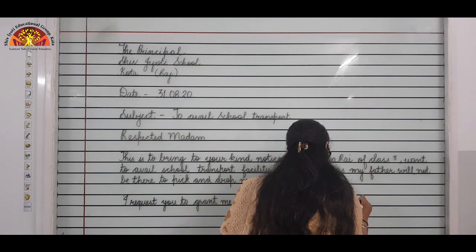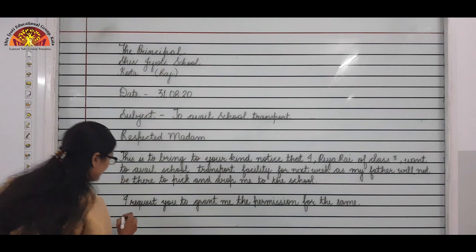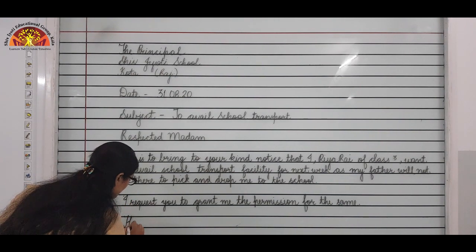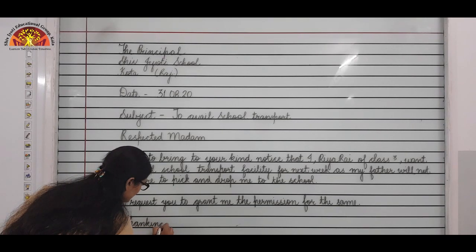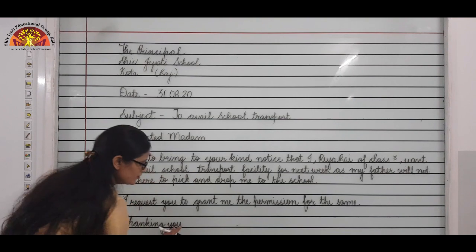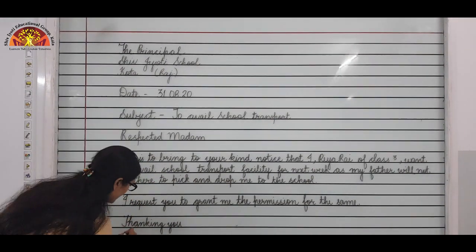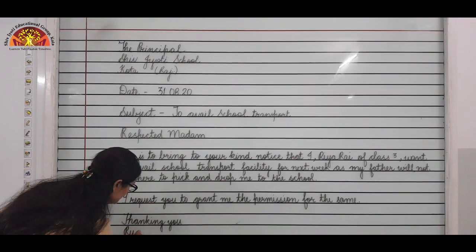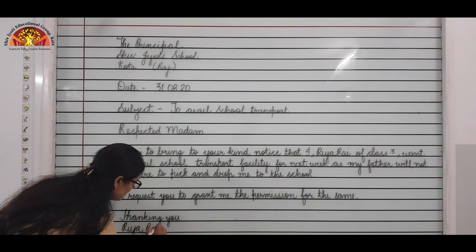Like this you will be ending your application. After it you will write thanking you and your name. Again, here you need not use any punctuation mark. I am not using any punctuation mark. You will also not use any, and you will mention your name, that is Ria Rai, and then your class.